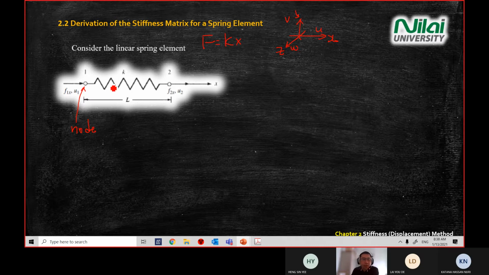So for the diagram that you see on the screen here, you have two nodes, a single spring element with two nodes, node 1 and node 2. Since you have a spring system, throughout this module every element that is able to stretch and compress will have a stiffness with the letter K. So K is the stiffness for this material.